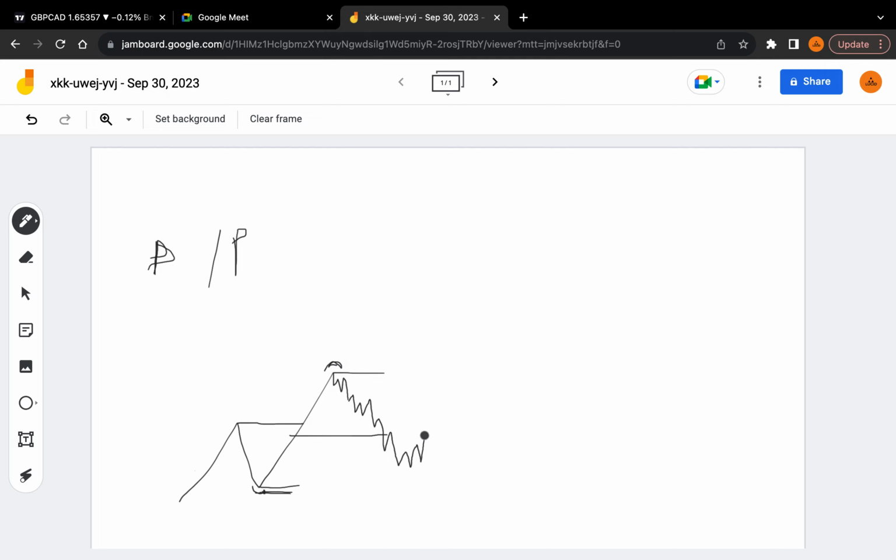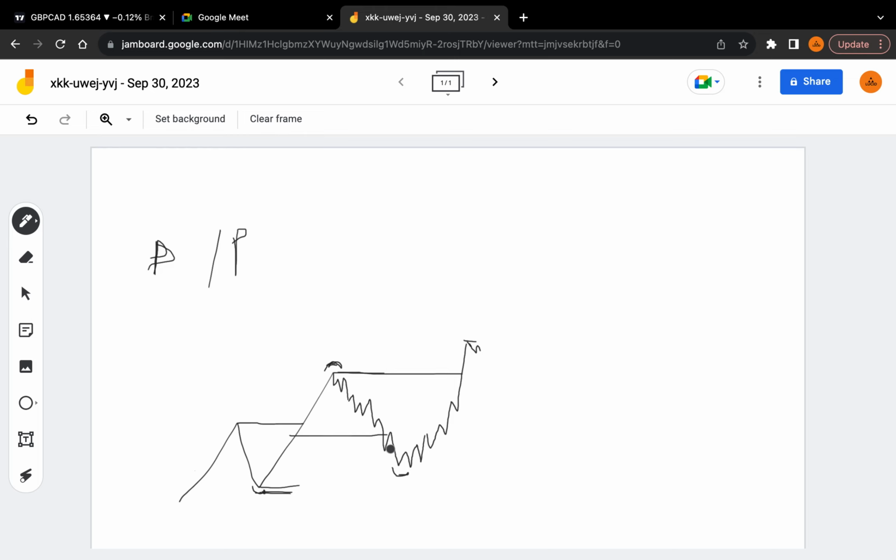Once price starts moving and takes out the high, this low in basic terms is protected and this high right here is targeted. So that's why if you take a trade from a low, your target should be the next external liquidity.